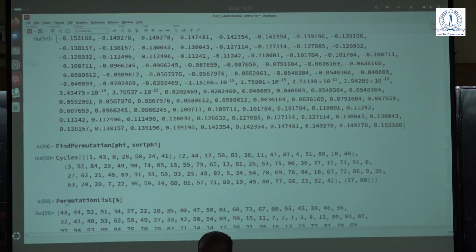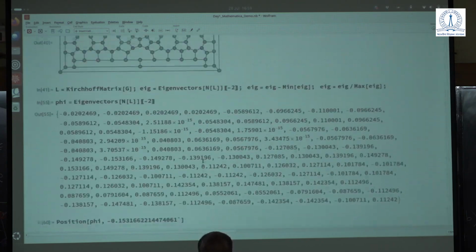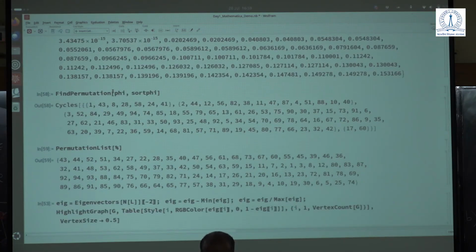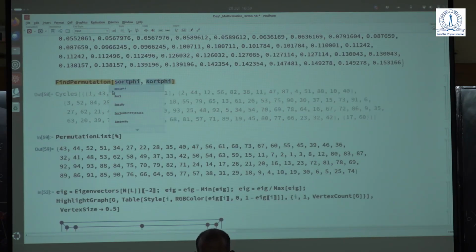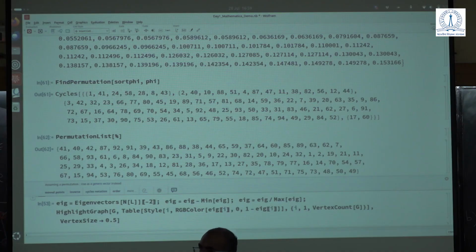But I think we want the other way around. It might be easiest to write a bit of code to output all those sets. Actually, let me just try, one second. If this works the other way around, sort phi, and I delete this. Okay, so 41 is now the first one.